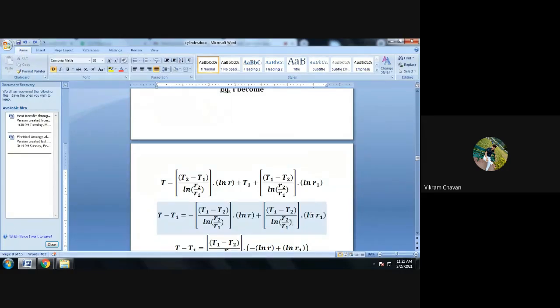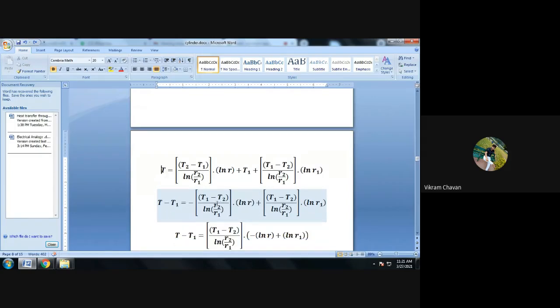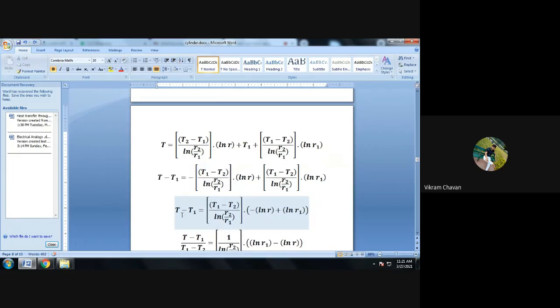Okay, is everyone with me? Now the two terms have a common factor: T1 minus T2 whole divided by ln of R2 divided by R1. We can take it common out of the bracket. So we get the equation T minus T1 is equal to, in square bracket, T1 minus T2 whole divided by ln of R2 divided by R1, square bracket complete.